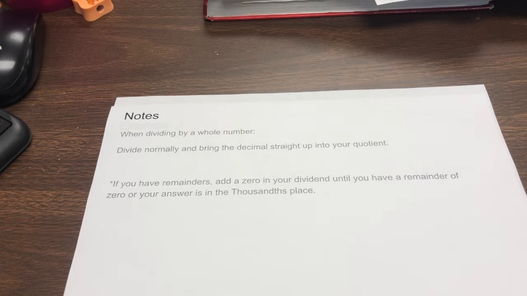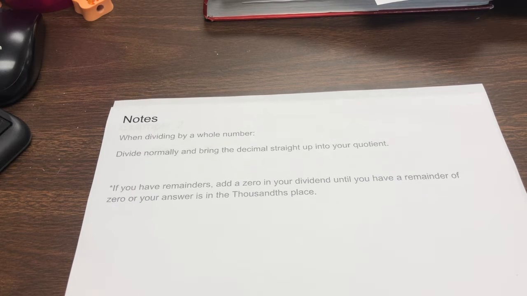But this is something that I tell my students just because they're in 6th grade. Once you get into 7th and 8th grade, you may look into repeating decimals and terminating decimals and all that. So I tell them to just stop once you get into the thousandths place. And then you can also round to the thousandths place.